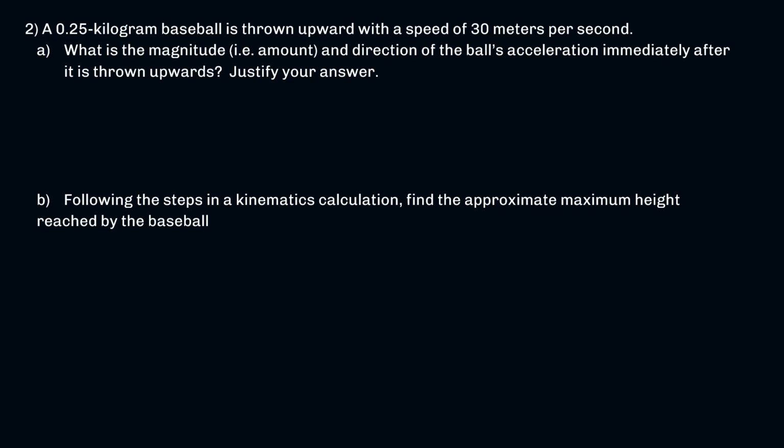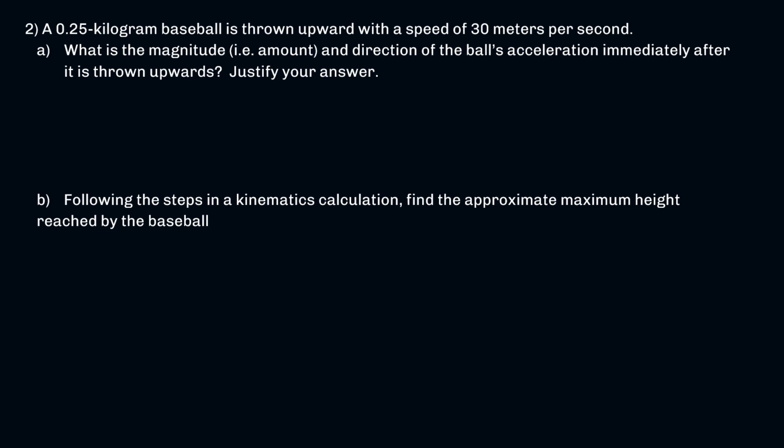So in part A, whenever you throw something upwards, it is going to be in free fall, because once it has left my hand, the only thing that's working on it is gravity, because we're not going to deal with air resistance here. I'm going to do the direction of the ball's acceleration first, because when I throw something upwards, it is eventually going to come to a stop at its highest point, and that is one of our free fall facts.